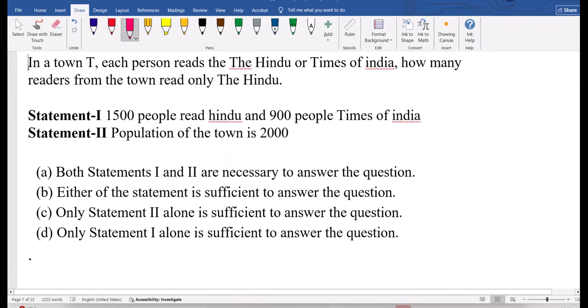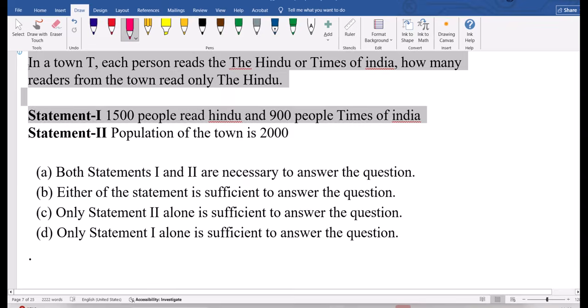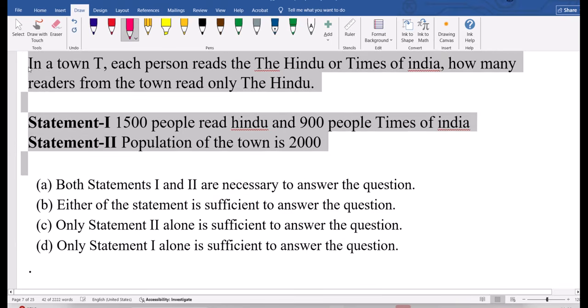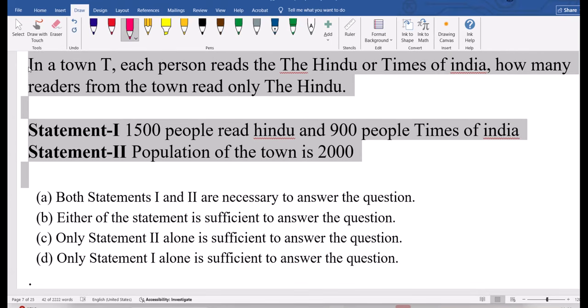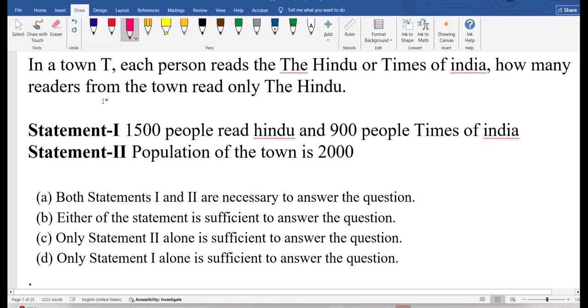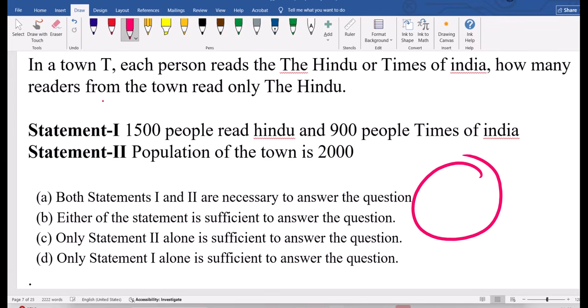Now let's see the next discussion, Venn diagram related stuff. In a town T, each person reads the Hindu or Times of India. How many readers from the town read only the Hindu? So in a town T, there are the Hindu, TH, and Times of India, TOI.